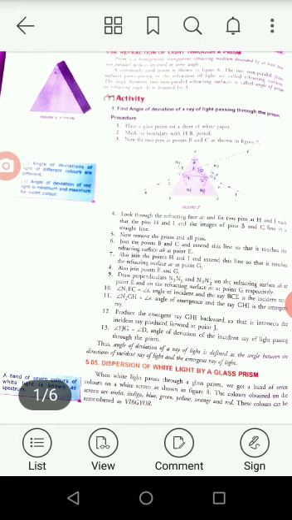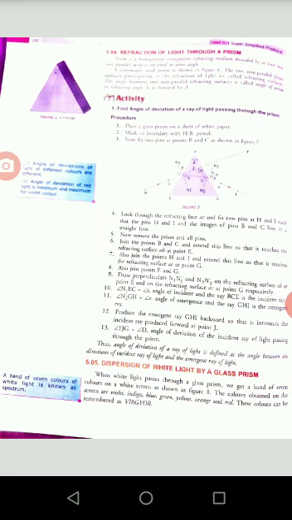The definition of angle of prism: the angle between two non-parallel refracting surfaces is called the angle of prism, or refracting angle you can say. It is denoted by capital A.